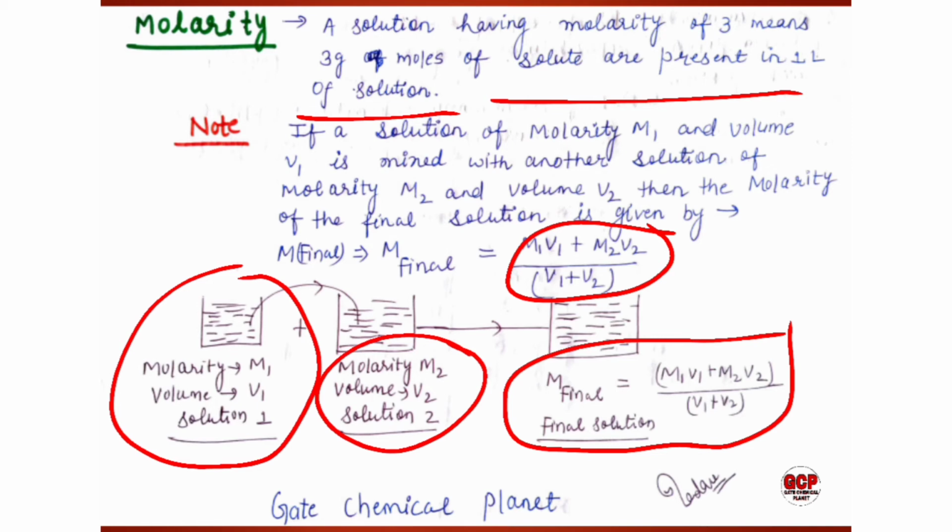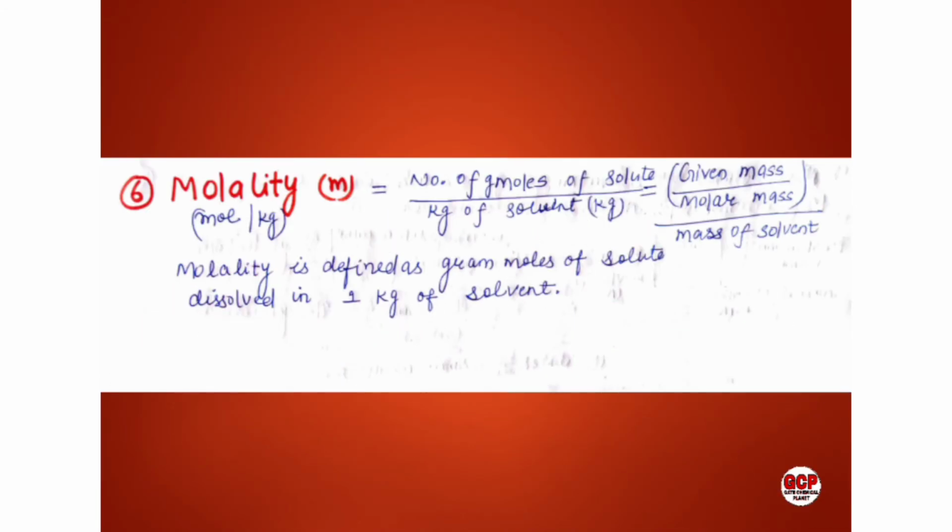So now we will move on to molality. Molality is represented by small m, and it is equal to the number of gram moles of solute divided by the kilograms of solvent. So what is the difference between molarity and molality?